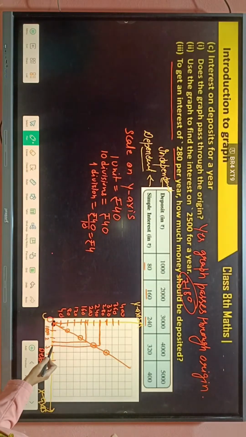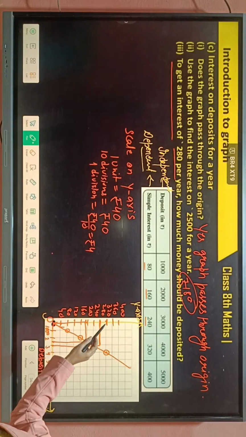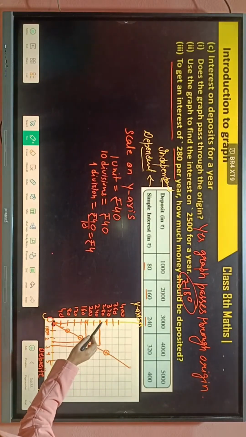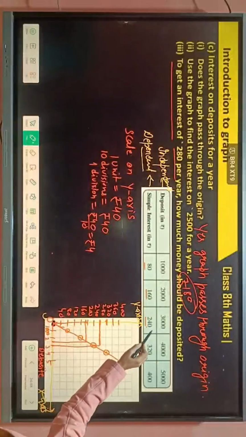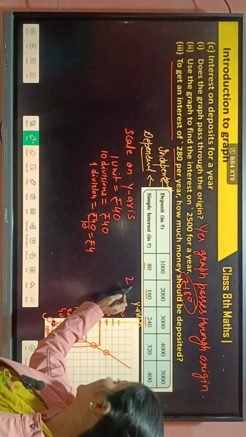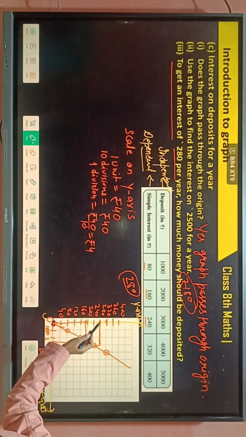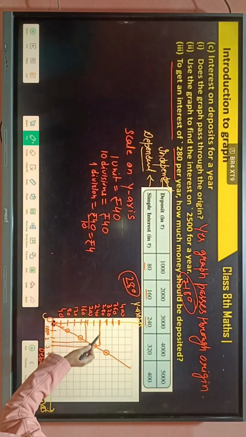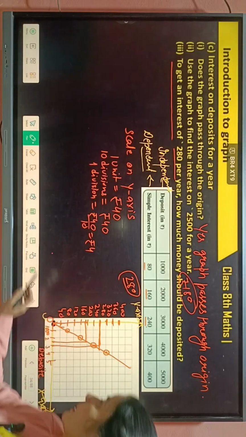It is 3,000 in my graph, and corresponding to 3,000 it is 240. For 280 it should be more than 3,000. Going up, 320, 360, 400, in this way, this is intersecting at this point.